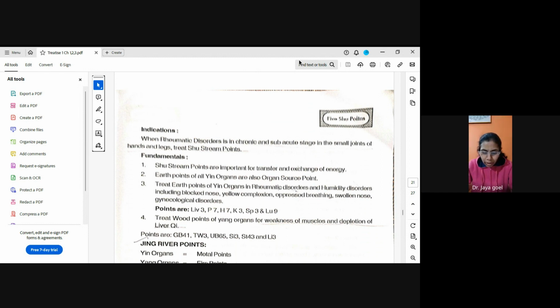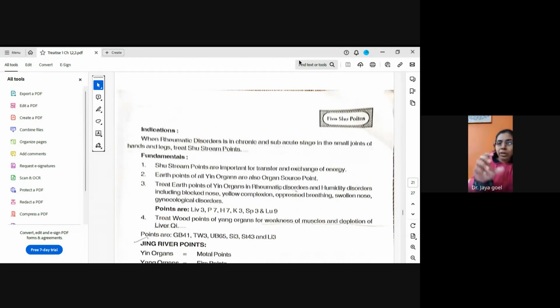Treating the earth point of the yin organ is used to treat rheumatoid disease and humidity disorder, including blockage of nose, yellow complexion, opposed breathing, and swollen nose, and gynecological conditions. These are the points. Liver 3.